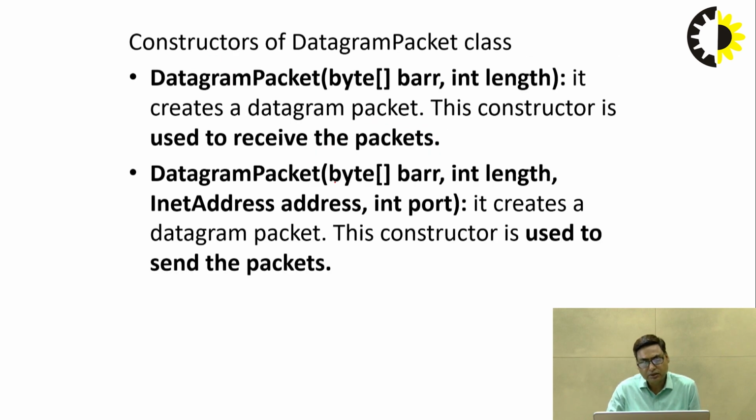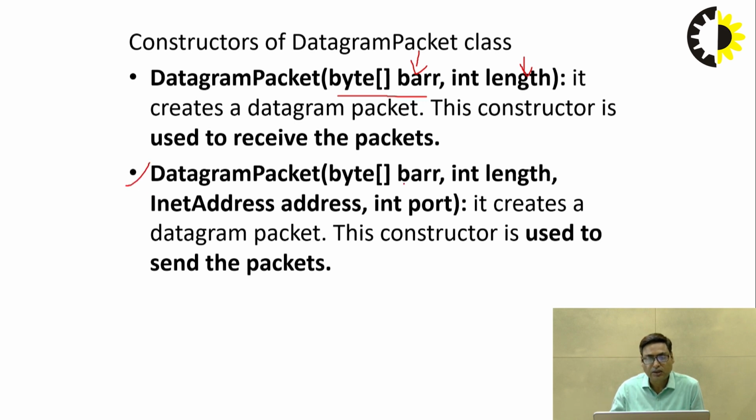Similarly, it has two constructors that I am discussing here. The first consists of two parameters: it takes the message in terms of an array of type byte, and you also need to specify the length of the message, or you can say the length of the array.